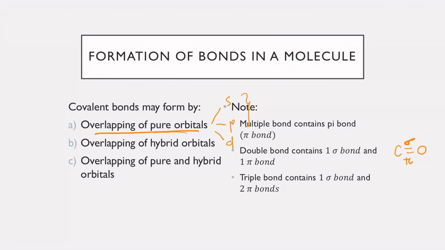If you have a triple bond like in carbon monoxide, one of the bonds will be a sigma bond and the other two will be pi bonds. So in triple bonds, you will have 1 sigma bond and 2 pi bonds. Remember this because this is important when we draw our overlap of orbitals later.